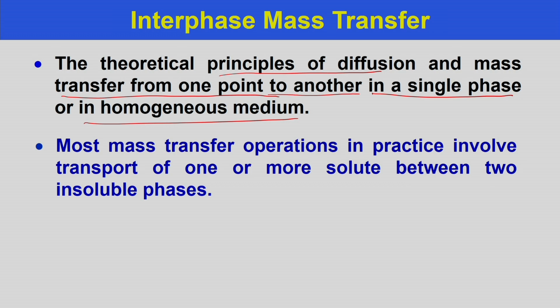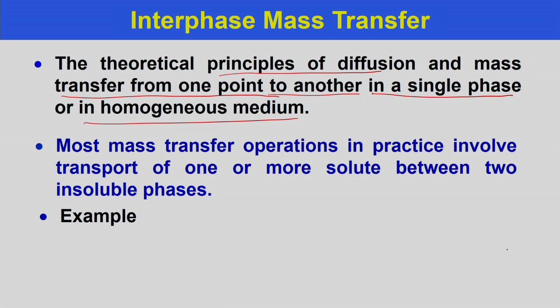That means, if there are two phases involved and both the phases are insoluble in each other, then the transfer of components generally happens from one phase to the other phase, and that is called the interphase mass transfer.